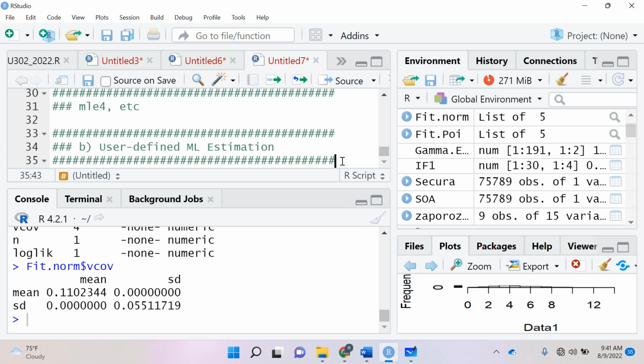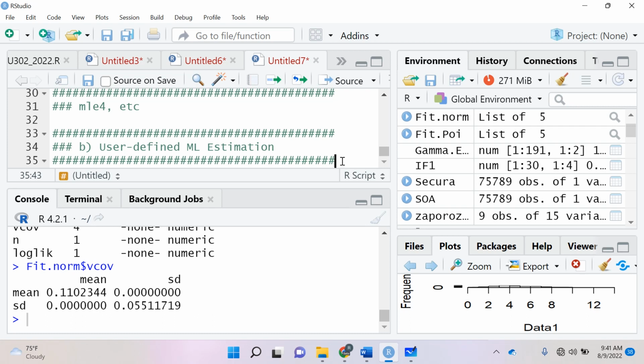So estimating log likelihood functions entails a two step process. First we declare the log likelihood function, which is done in general terms. Then we optimize the log likelihood function, which is done in terms of a particular data set.